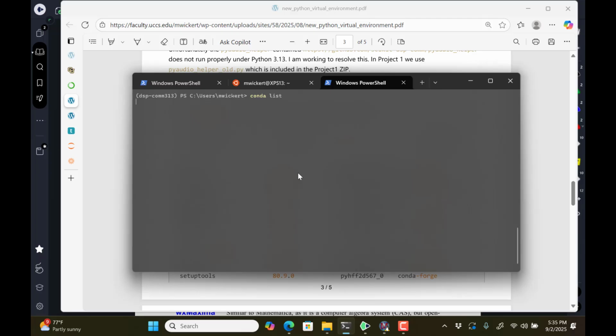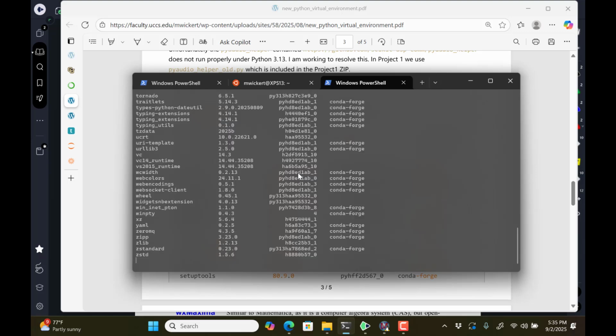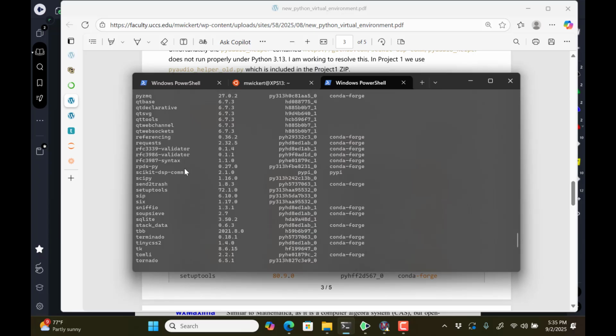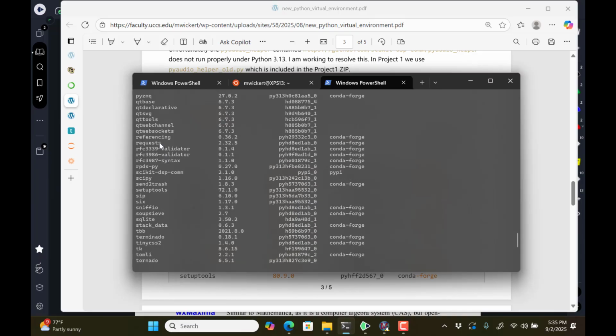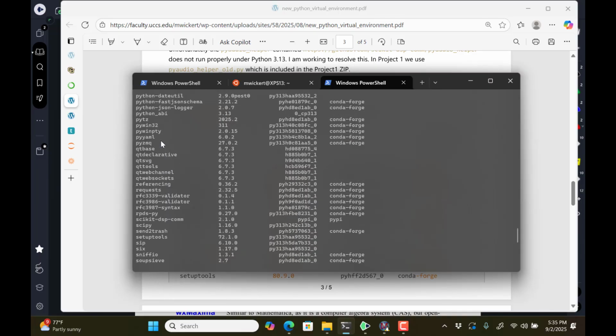And we can see from this massive list of packages, everything that I put on the system last week, or the week before last, all alphabetically listed. We can see Scikit DSP-COM 2.1, we added that. A lot of these other packages we added to do the Jupyter Notebook, Jupyter Lab, the widgets should be in here, and PyAudio should be down here.